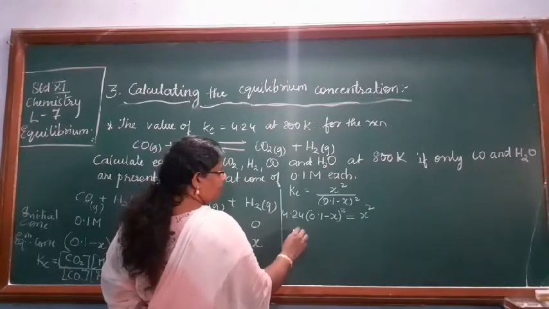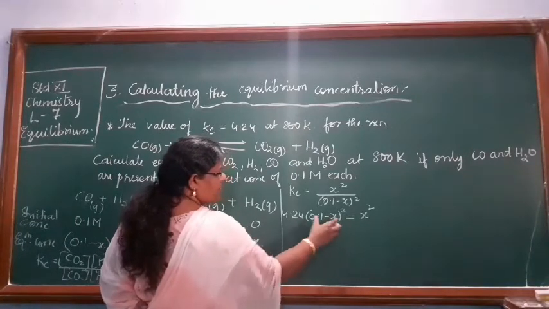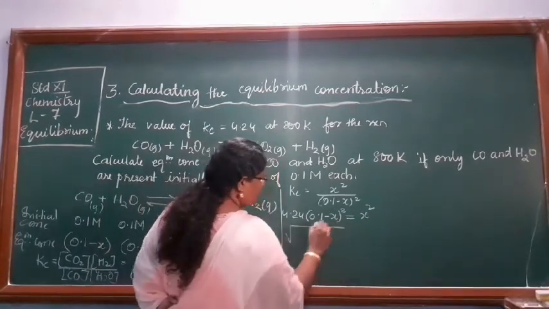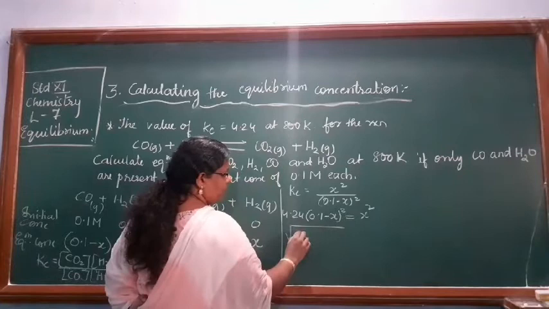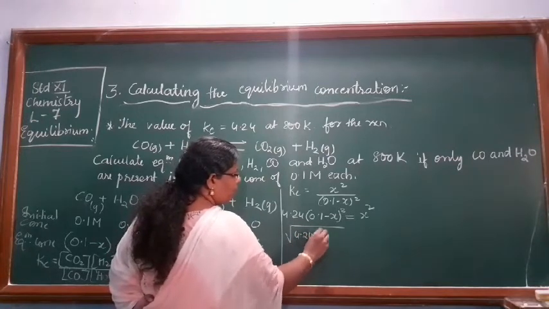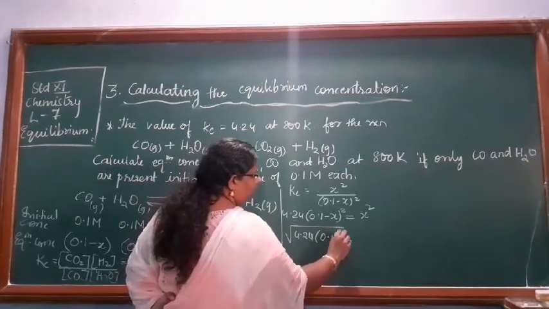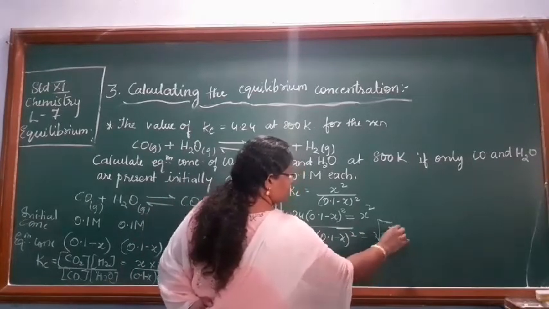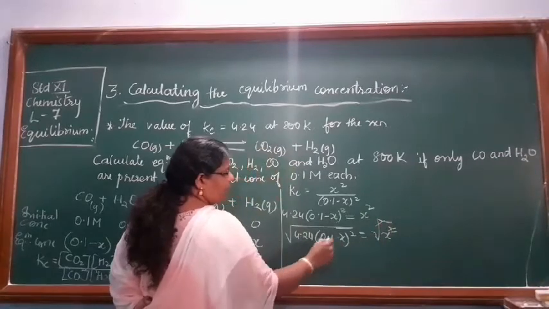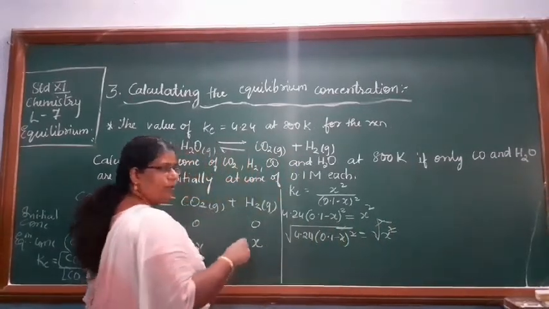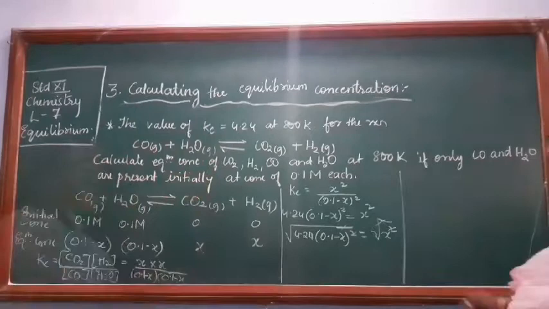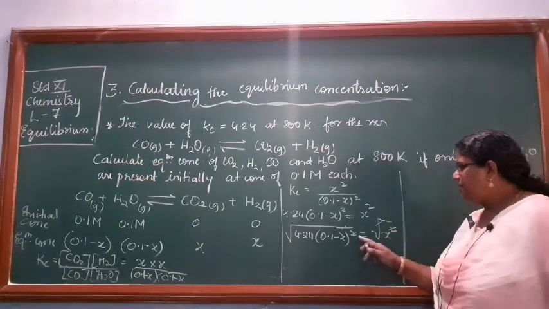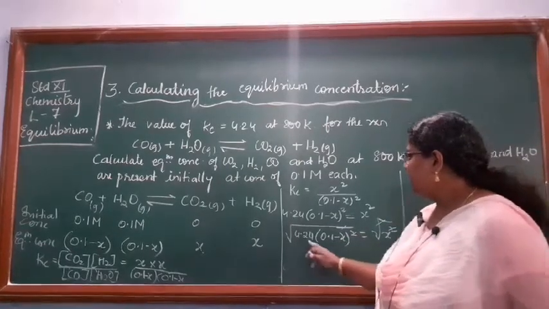Since this is square, this is also square, we can take the square root on both the sides. So what we have, 4.24 into 0.1 minus x the whole square, which is equal to under root of x square. Square cancels out. Here also the square and the square root will cancel out.